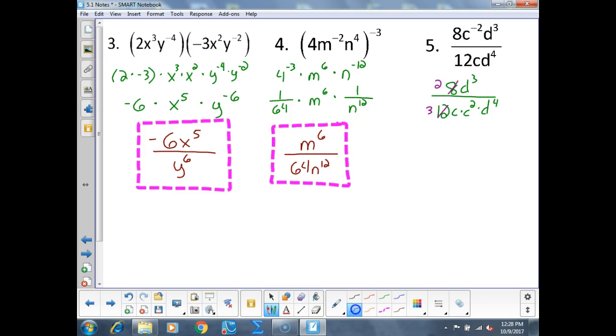D cubed cancels out 3 of the d's in d to the fourth, leaving me with just 1 d down there. So in the end, it is 2 over 3c cubed d.